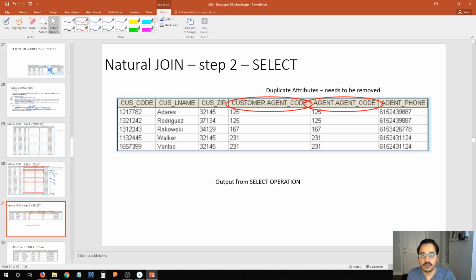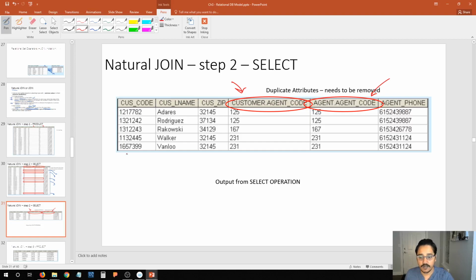So now, as you can notice, once the other rows where the values were not common were discarded, this is what remains. You can see that there are two attributes which are basically duplicate, because they are referring to the same thing, same context. So we don't need them to appear in the final output.